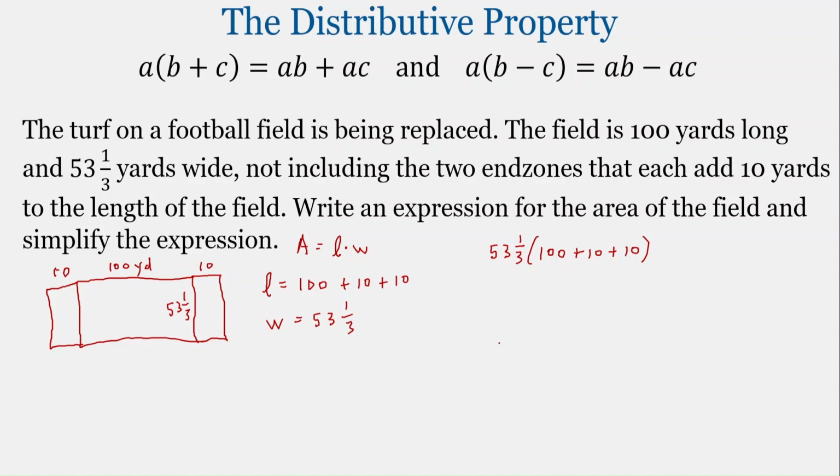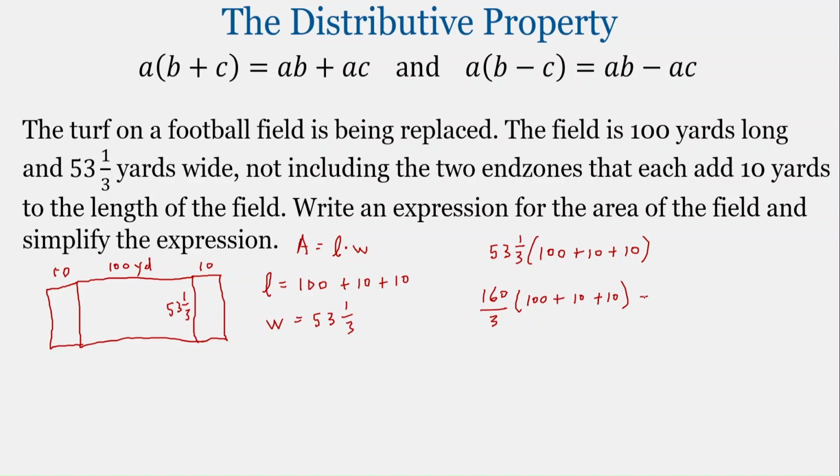Now let's simplify this expression. So let's start by getting rid of this mixed number and converting it into an improper fraction. So 53 times 3 is 159 plus 1 is 160. So 160 all over 3. And then we're going to multiply 100 plus 10 plus 10.